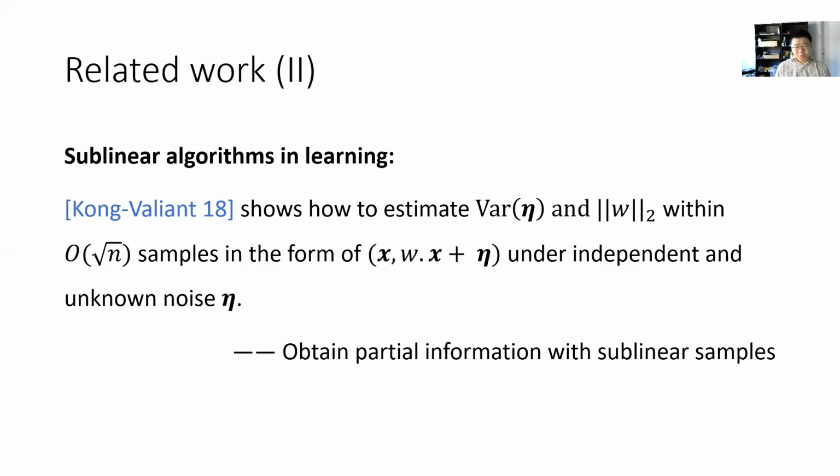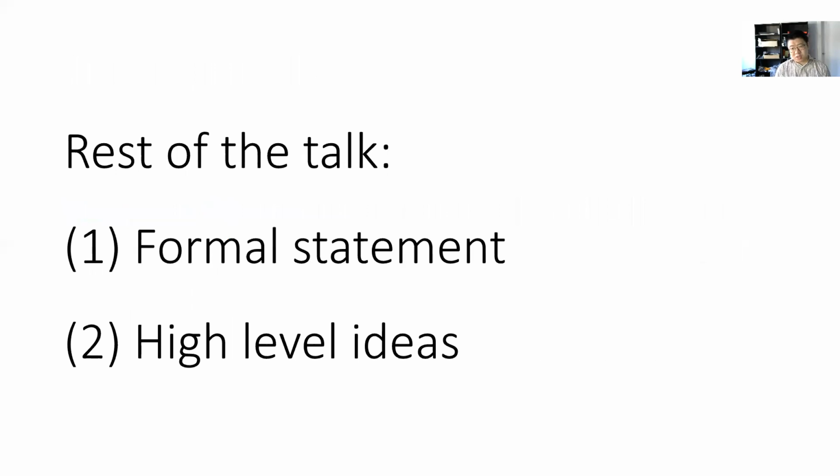Note that there is no sparsity assumption in this work, so the recovery of W takes n samples. Somewhat surprisingly, they show that root n samples are enough to estimate these two quantities. So in some sense, our problem can also be reformulated as what partial information of W can be learned more efficiently. That's all I want to say about the previous results.